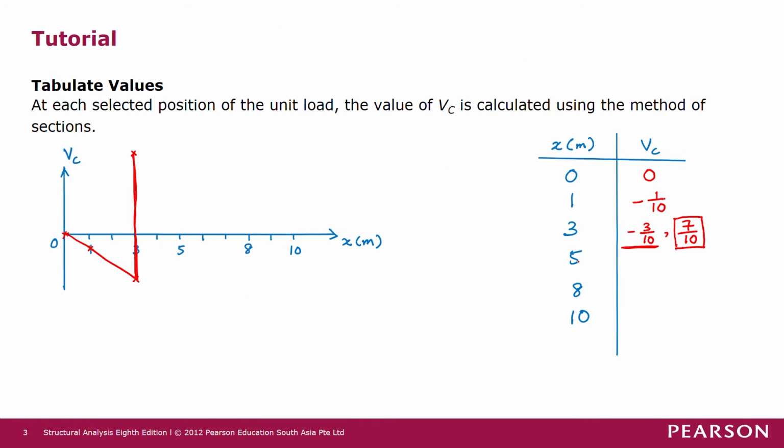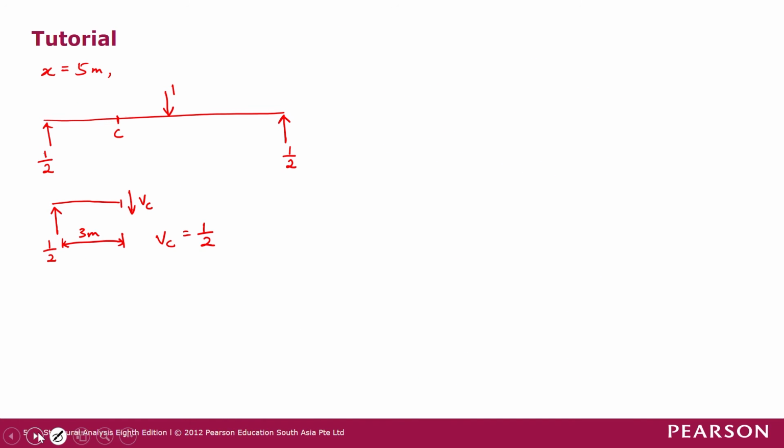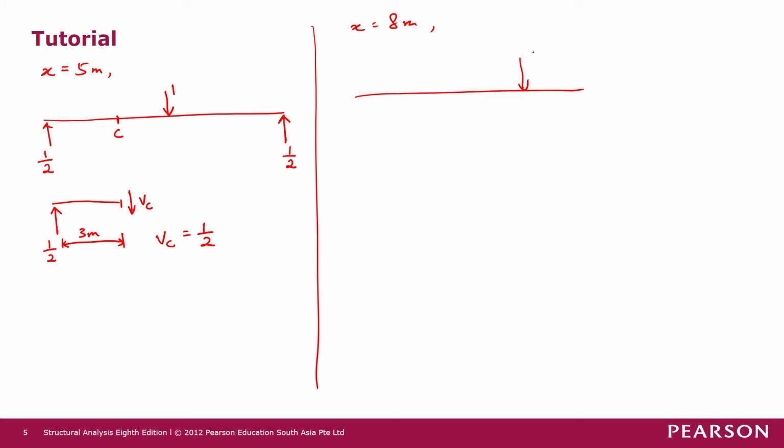So at x equals 5 meter, we have VC equals 1 over 2. Okay, so 1 over 2 is somewhere here. And then when x equals 8 meter, the 1 unit force is at 8 meters away.